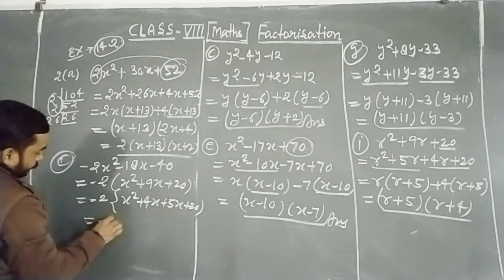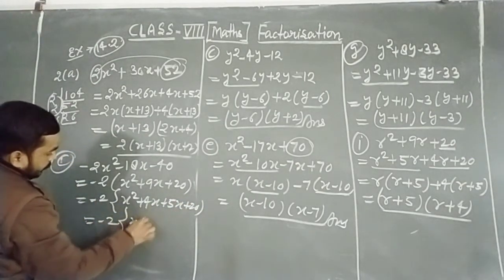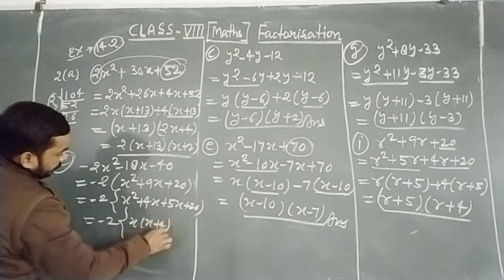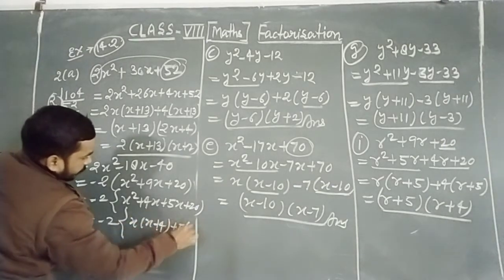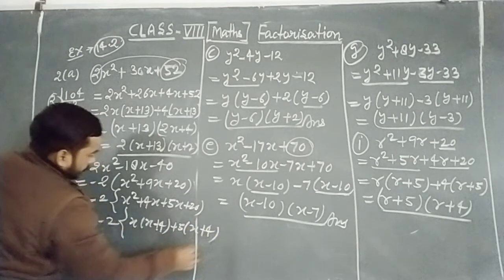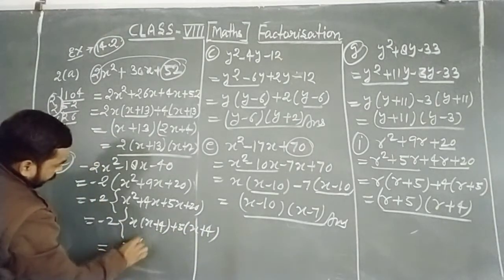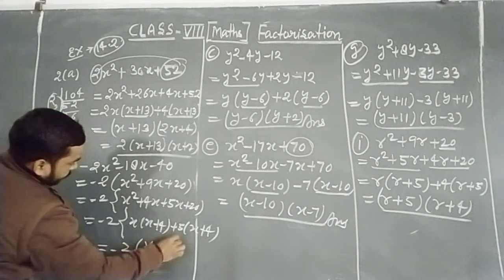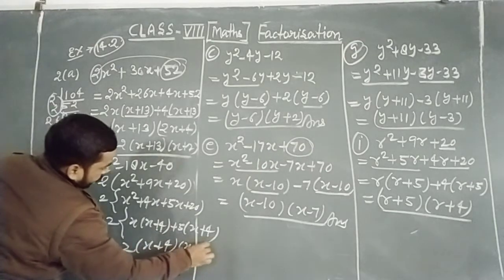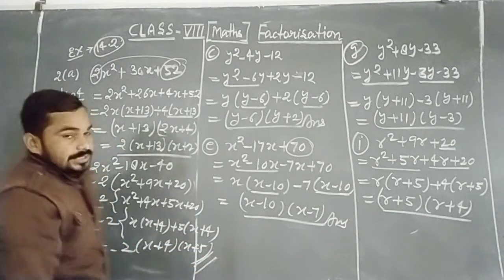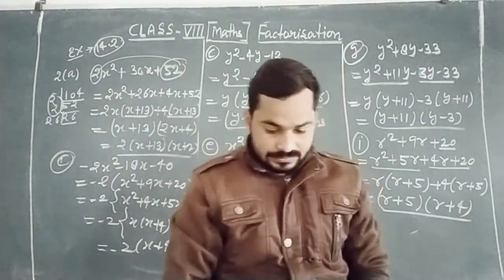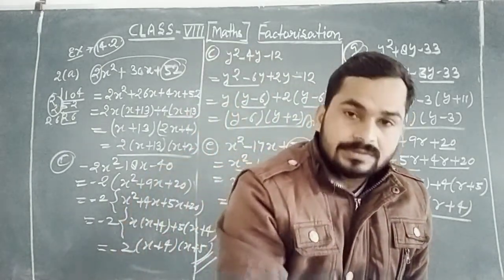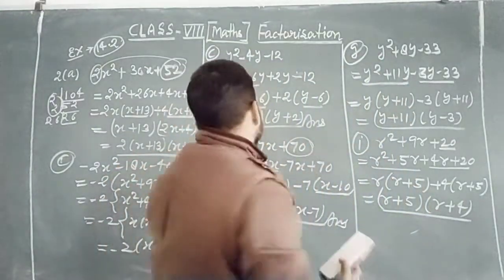So minus 2, x is common, x plus 4, and 5 is common, x plus 4. So minus 2, x plus 4 and x plus 5. This time we have factorized and solved question number 2.